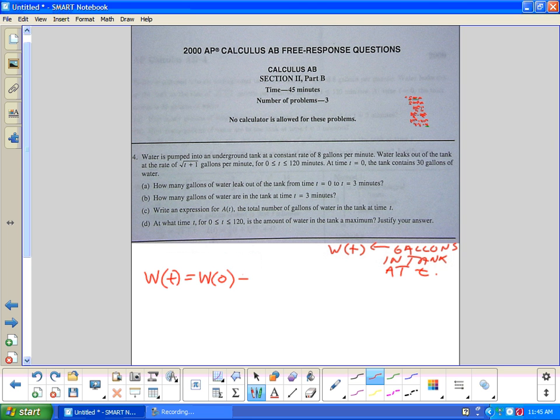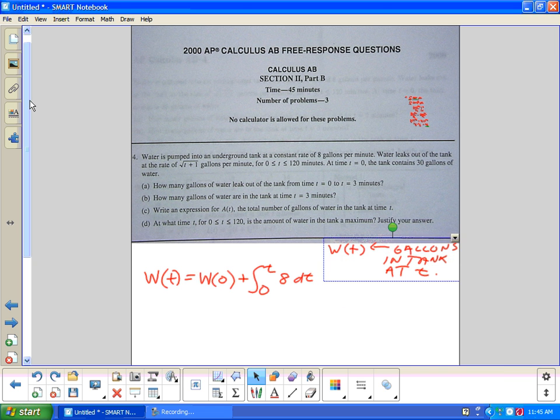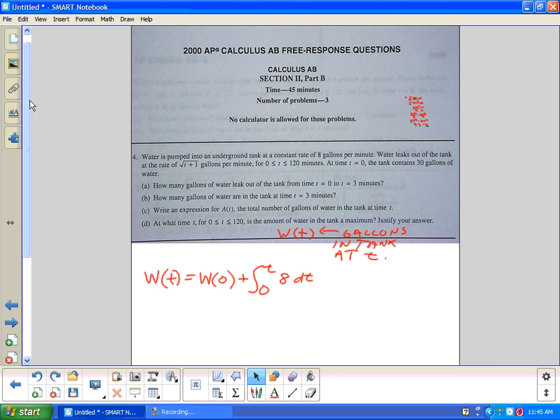Plus the integral from 0 to t of 8 dt, because it's being pumped in at 8 gallons per minute, minus the integral from 0 to t of square root of t plus 1 dt, agree?